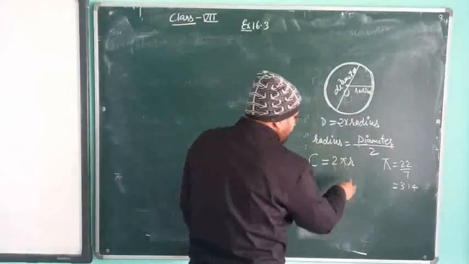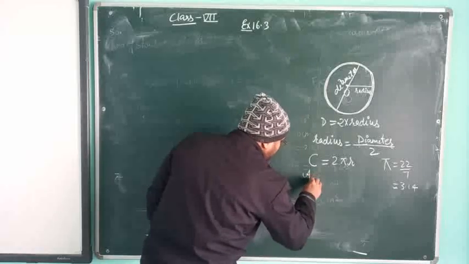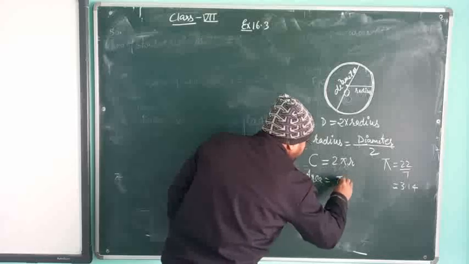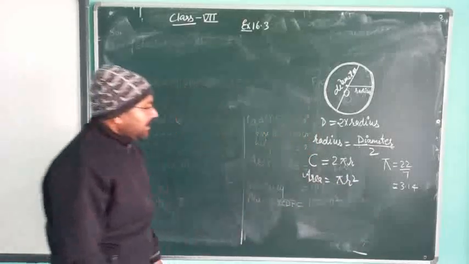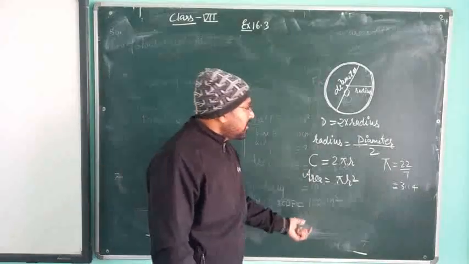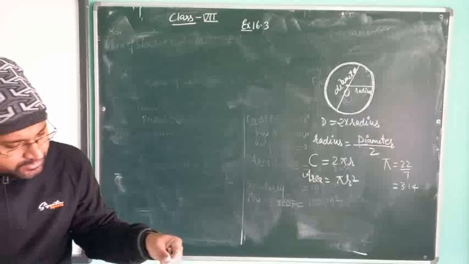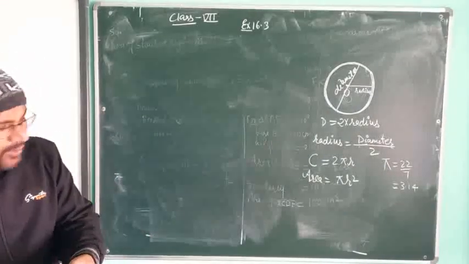Pi is a constant one. R is the radius. This is the circumference, and the area of a circle is pi r square. We can use this formula to find out the answers of 10 questions with the same formula.